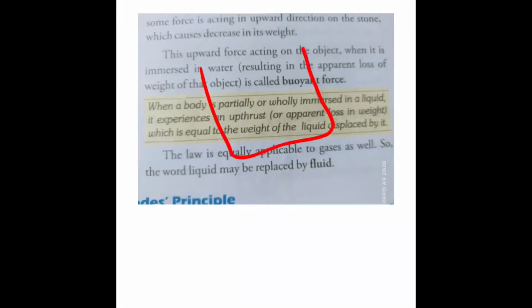Like for example, let us consider one beaker. This is the water level. A stone of 5 kg is immersed in this liquid. When it is immersed, it seems that the weight has decreased. The weight became 3 kg. So what is the loss of weight?